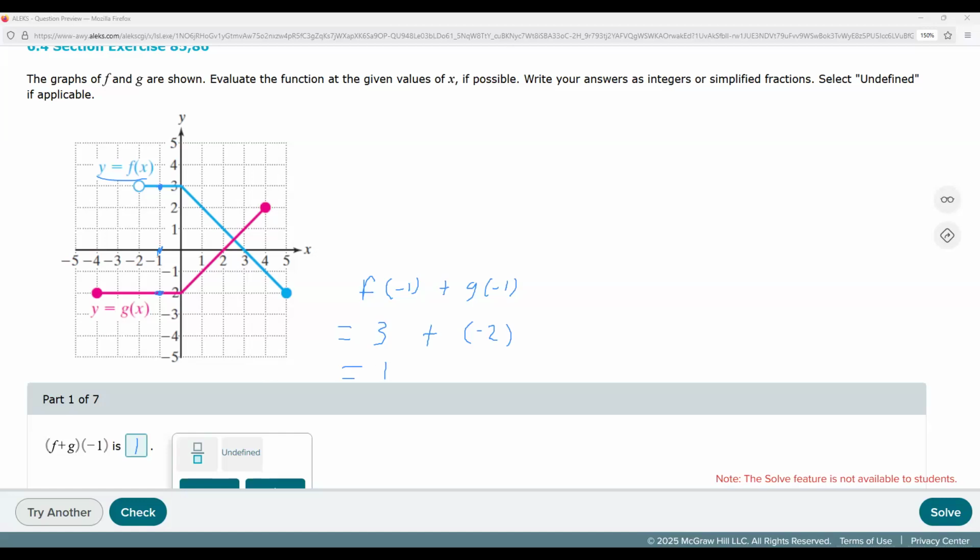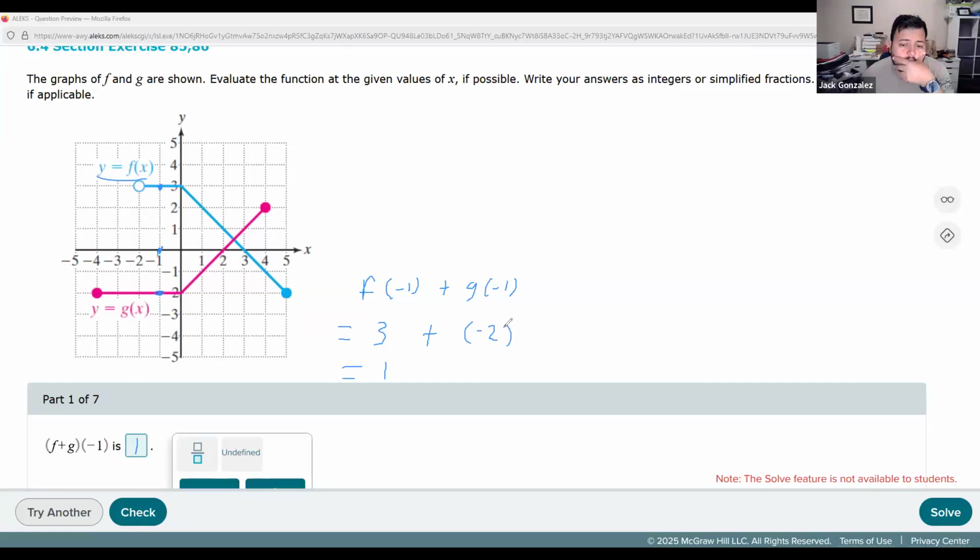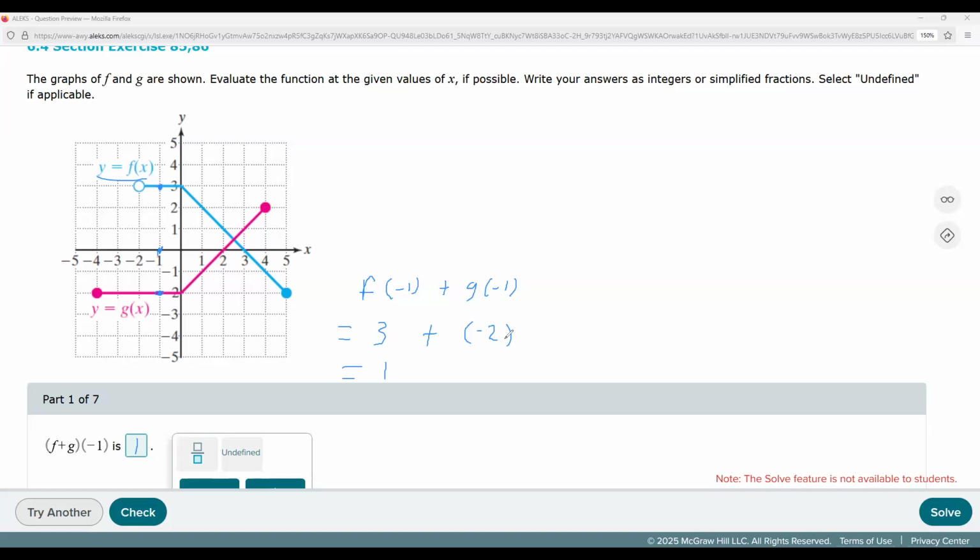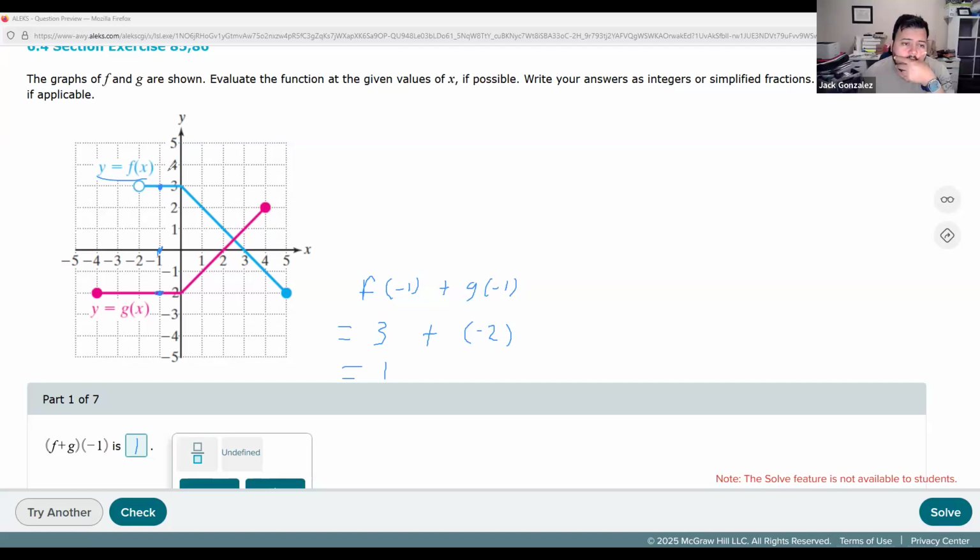So since f of x and g of x both mean y, then we look at the y area and see where it hits when we use the x. Yeah, these are both y values. Okay. That's how you find it? So the actual point right here is -1, comma 3, right?